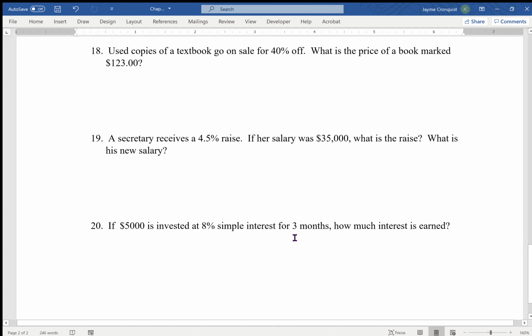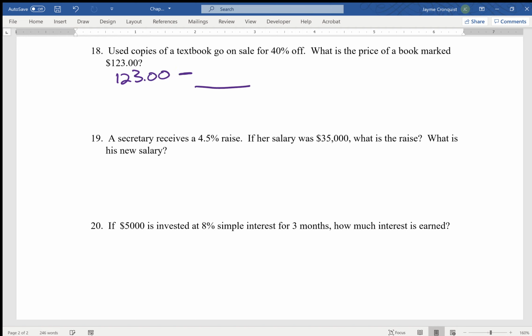All right. Used copies of a textbook go on sale for 40% off. What is the price of a book marked $123? So we're saying, what is 40% off of a book priced at $123? So we want 123 minus our percentage off. So 123 times 0.4. That's what we're getting off.